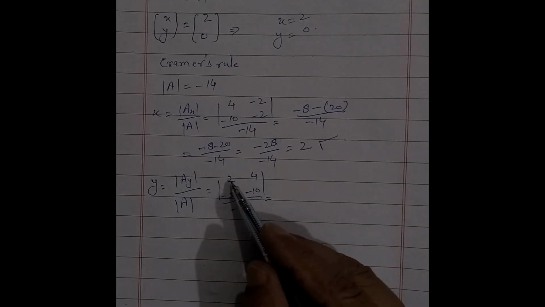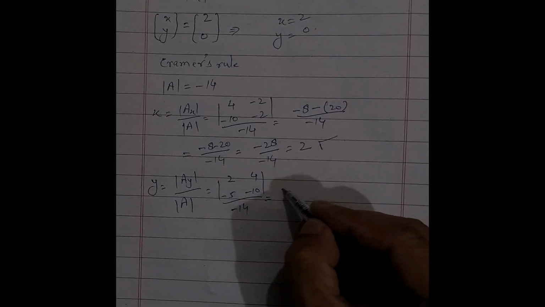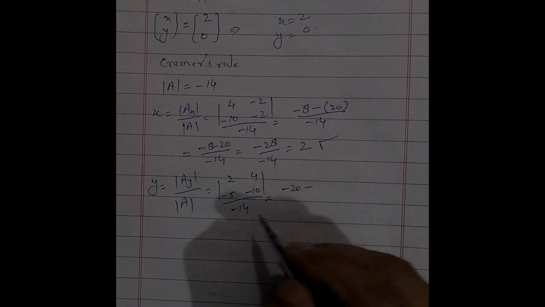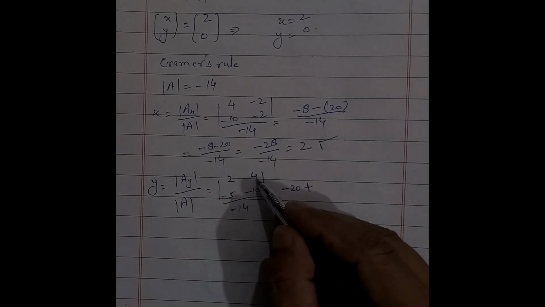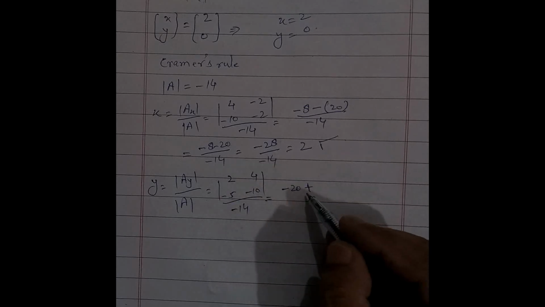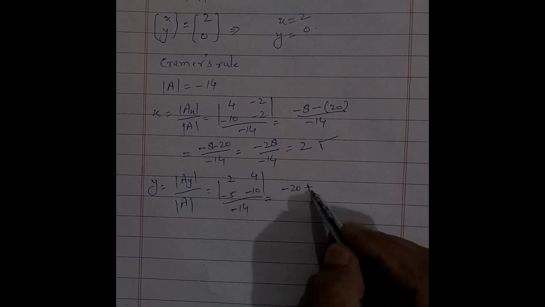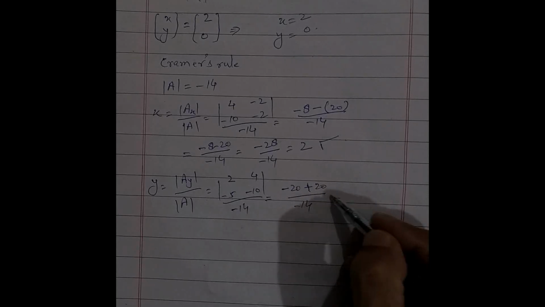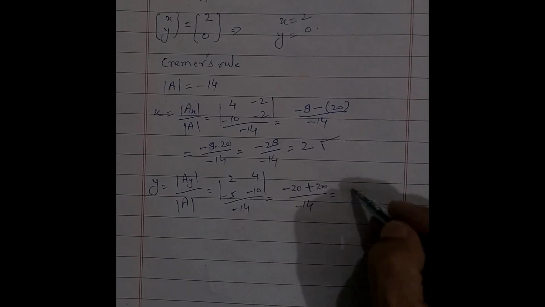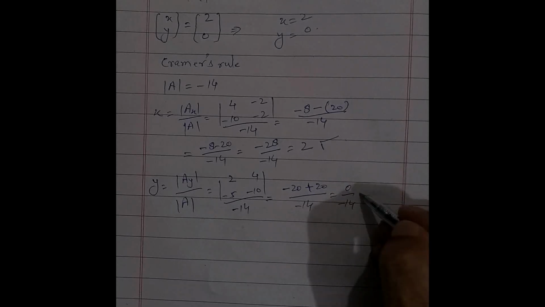We get 2 multiplied by minus 10 is equal to minus 20, and minus 5 multiplied by 4 is equal to minus 20; according to the rule, minus into minus is plus 20 over minus 40. So minus 20 plus 20 is equal to 0 over minus 40, which is equal to 0.